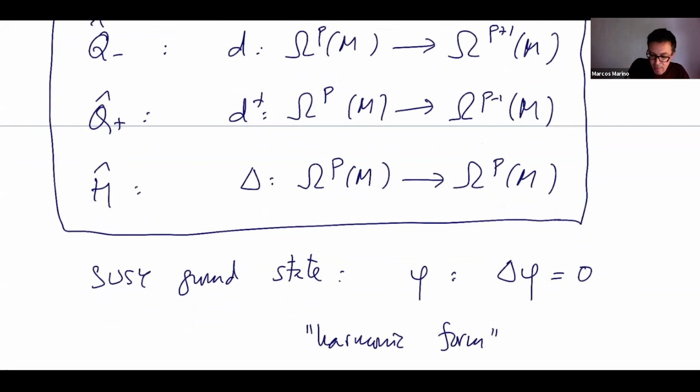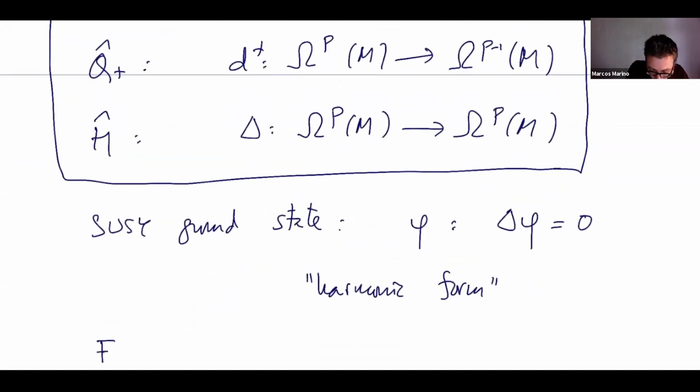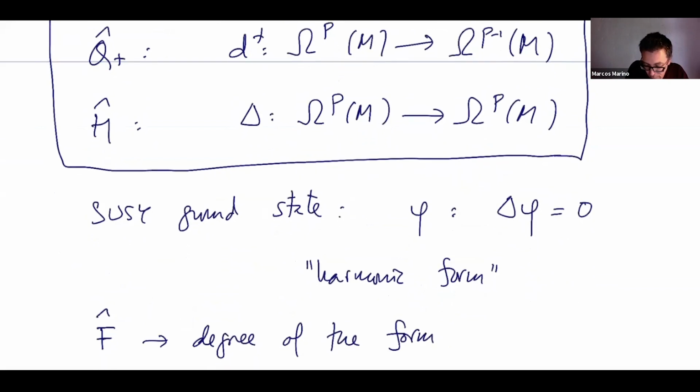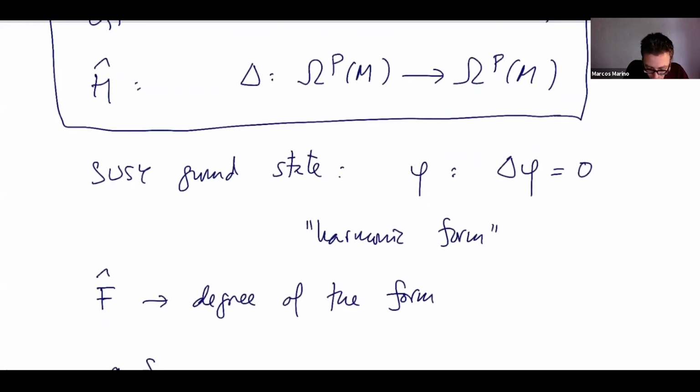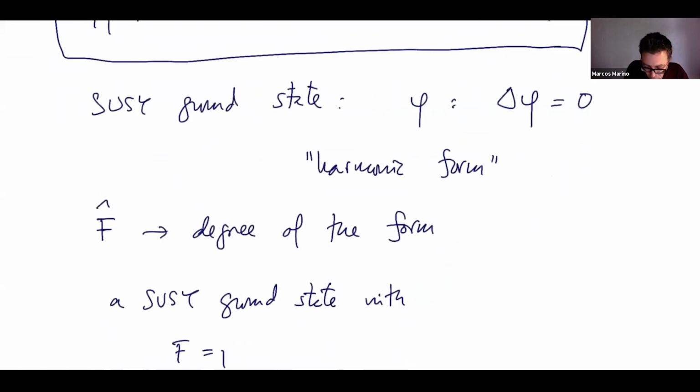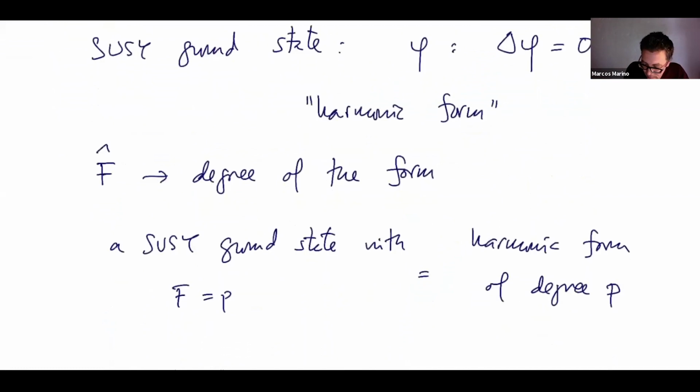Moreover, the fermionic number now corresponds to the degree of the form. Right? Because F counts the number of psi's, but the number of psi's is the number of dx's, so F corresponds to the degree of the form. So a supersymmetric ground state with fermion number equal to P is a harmonic form of degree P. Okay. So that's my second piece of the dictionary.